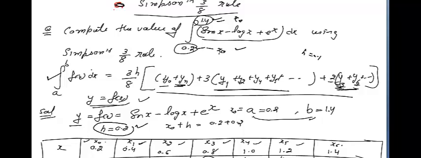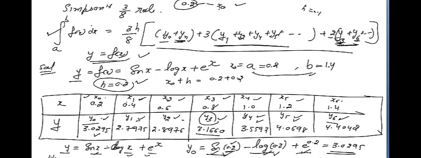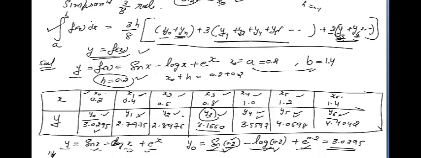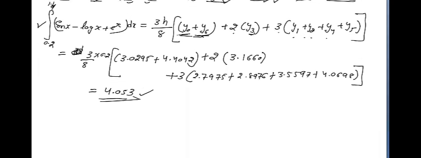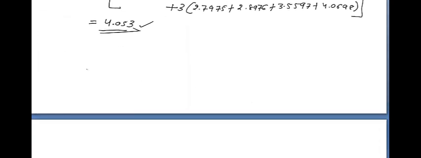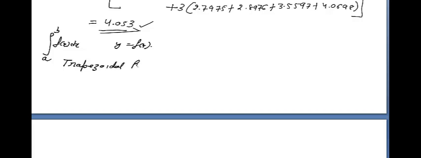Okay. If I repeat, I will write the formulas again, all the formulas that I have discussed with you. The first method I discussed, if you want to find the integration from a to b of f(x), so y is equal to f(x), was the trapezoidal rule.